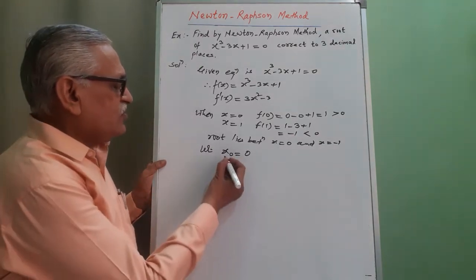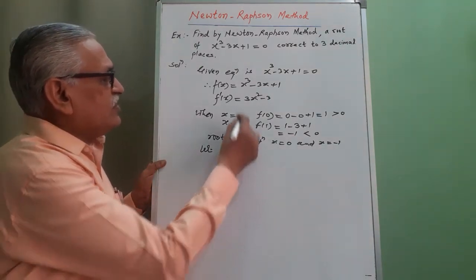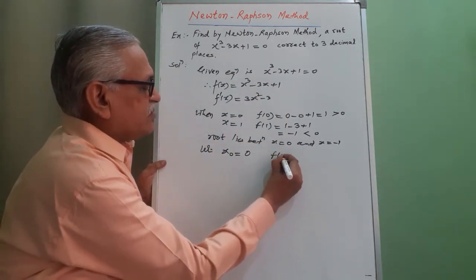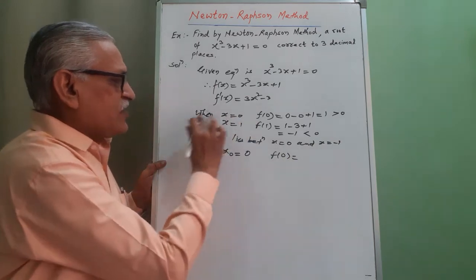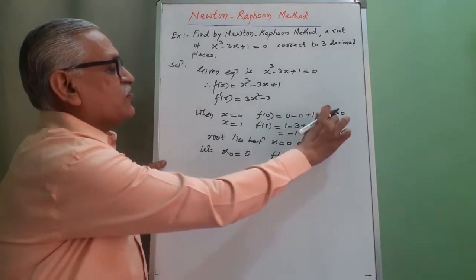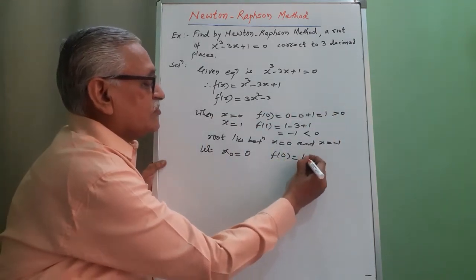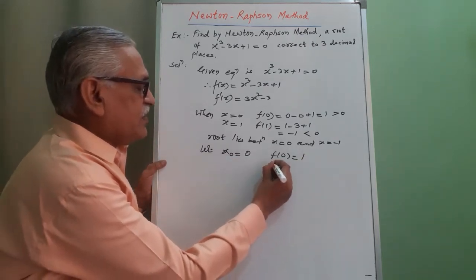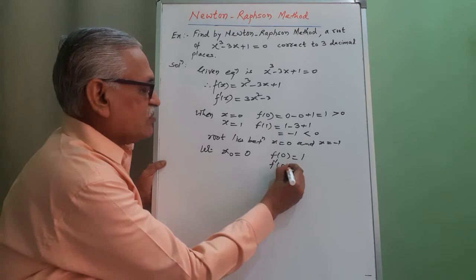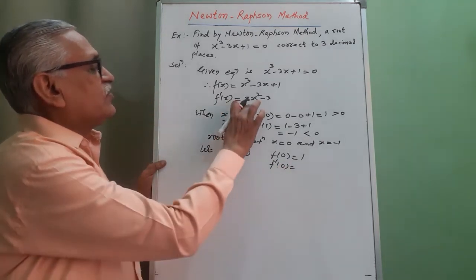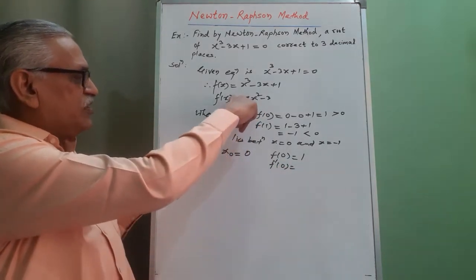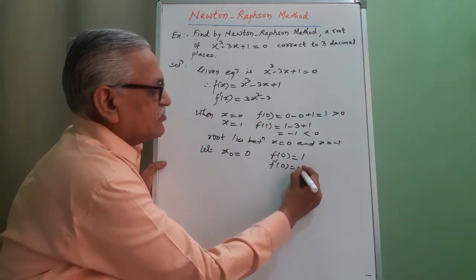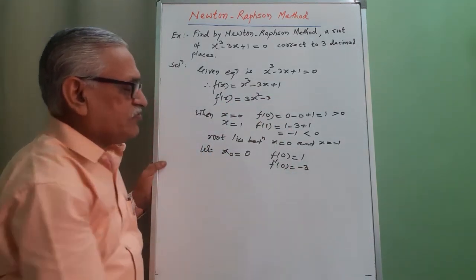Substituting that value in these two equations, we get f of 0 as 1, which I have already calculated, and f dash of 0, substituting x as 0 here, we get 0 minus 3, therefore it is minus 3.